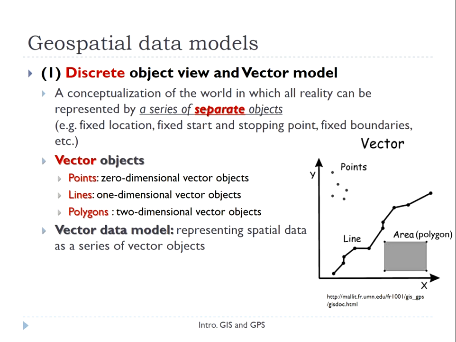Points are zero-dimensional, while lines or polylines are one-dimensional with a length. Polygons are two-dimensional vector objects that have an area such as a square foot or a square mile. These vector objects constitute the vector data model that represents the spatial data.